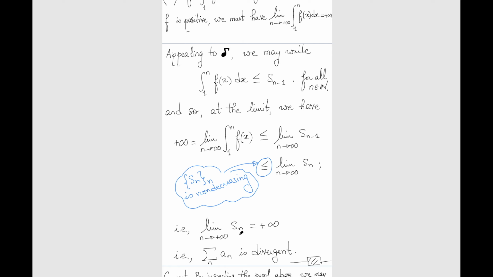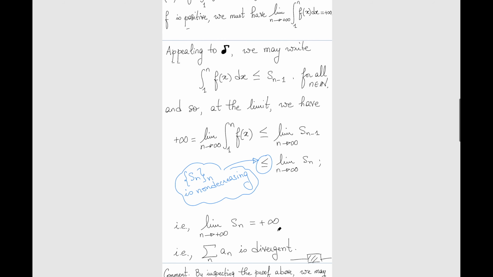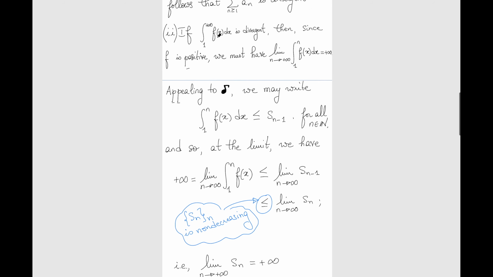So that number has to be plus infinity. Okay, all right. And what does it mean that the sequence of partial sums is plus infinity? It means that the series is divergent. By definition, right? Because the sequence of partial sums diverges in a special way to plus infinity. All right, so the series is divergent if you assume that this integral is divergent.